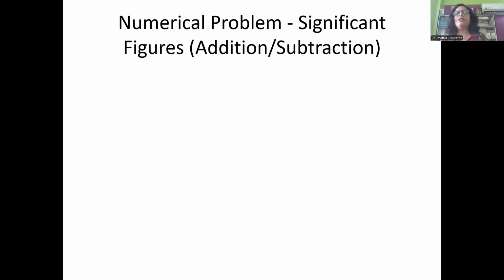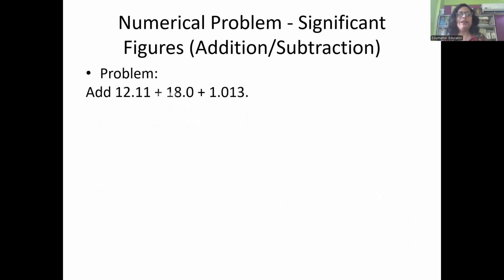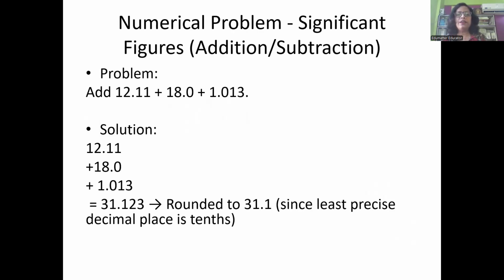Now we will solve some numericals on significant figures, or in short we can say sigfigs. The problem statement: add 12.11 plus 18.0 plus 1.013. Simple addition will give us 31.123.